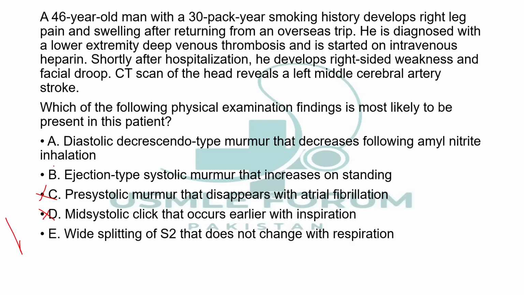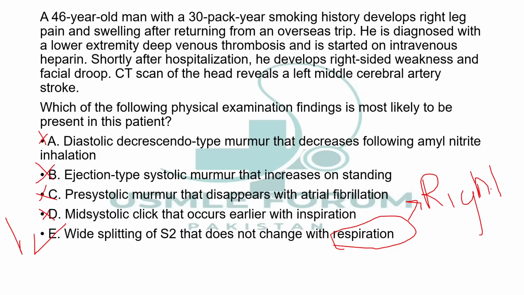So all of these are the wrong answers, and we are left with just one, which is wide splitting of S2 that does not change with inspiration. First of all, you have to know that murmurs that change with respiration are all right-sided murmurs, of the tricuspid valve and the pulmonary valve. And wide splitting, classically, you have to remember this phrase.